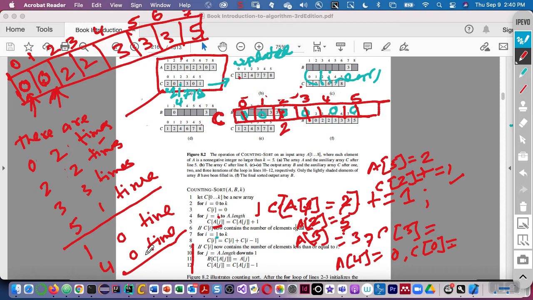There is a kind of complexity over here. It will happen since some values are greater than 1, so some elements will be missing. So far, does everybody understand how the C is updated and what this C array means?